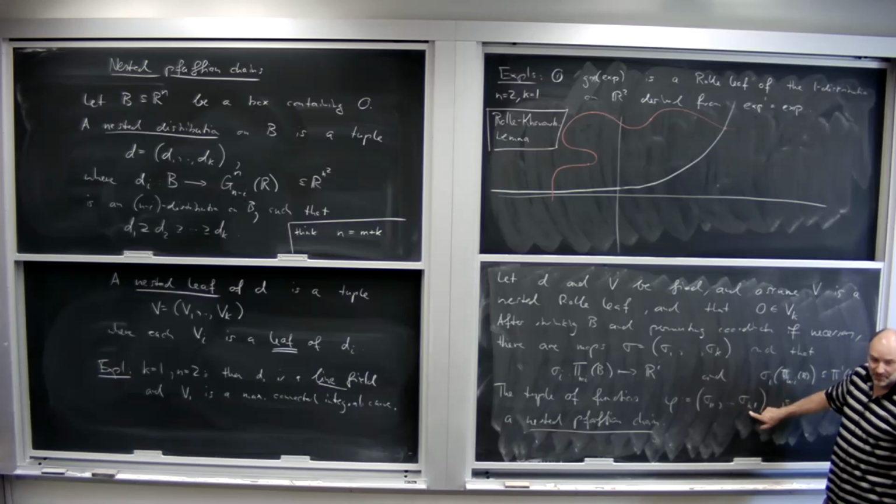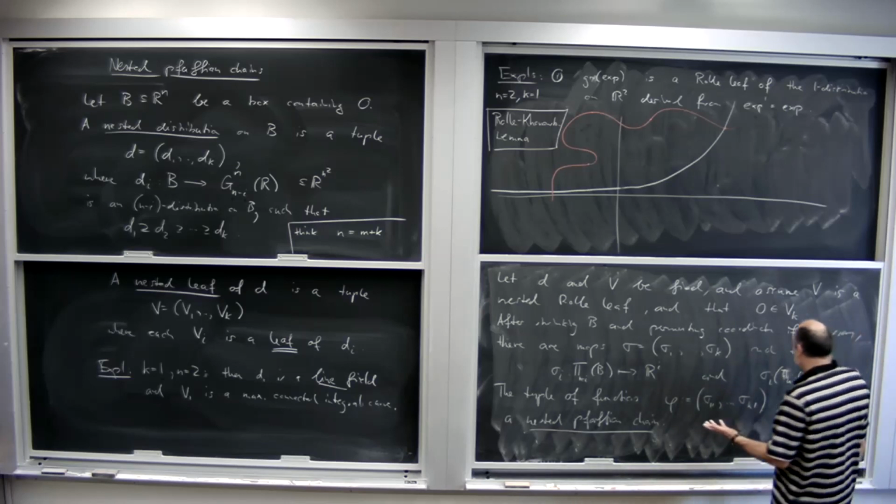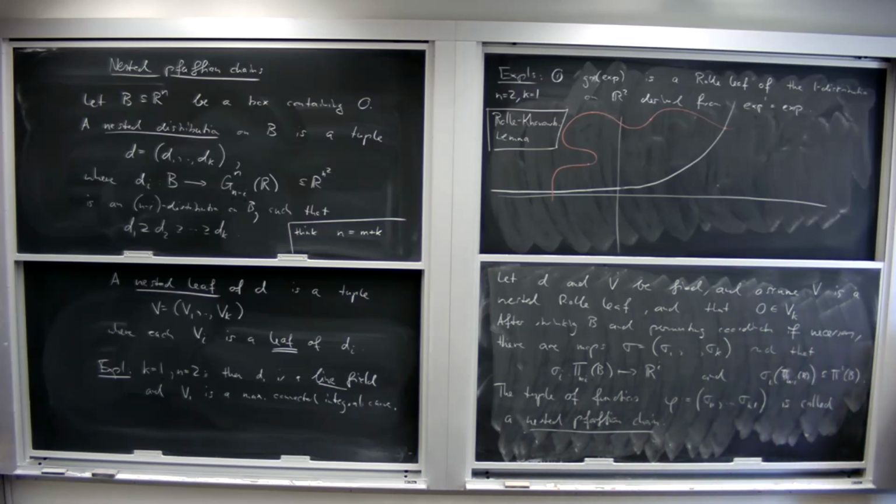Fewer and fewer variables. So that's not a Pfaffian chain for sure. In Pfaffian chains, all the elements have the same number of variables. Okay, so it's not the same, but they also satisfy differential equations because again, they are related to these nested Rayleigh leaves. That's a geometric interpretation of why we have these systems of differential equations.